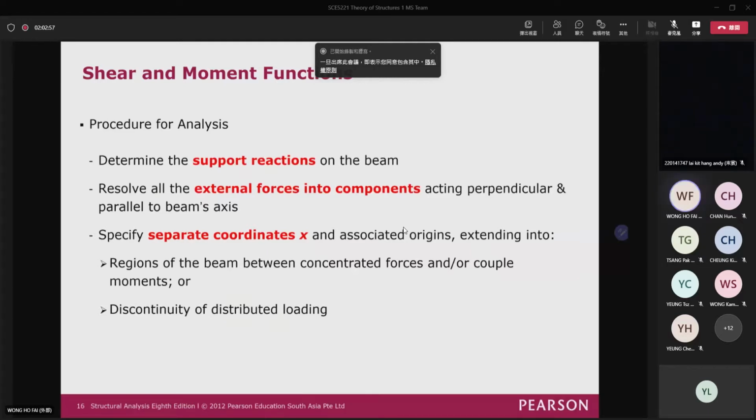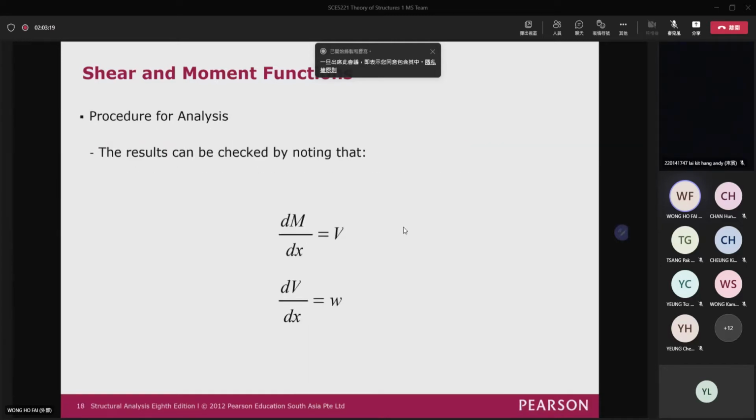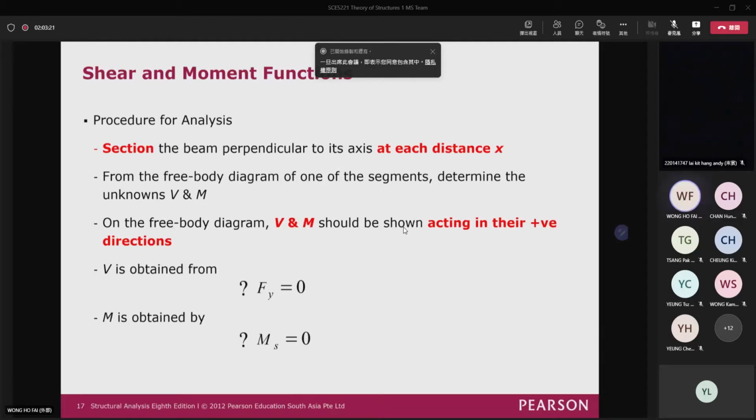Then we cut the beam at different sections if required. We can assume an arbitrary distance within the first section and indicate that it is equal to x. Then we use our equilibrium equations, summation Fy equal to 0 and summation of moment equal to 0, to find the shear force and moment functions.